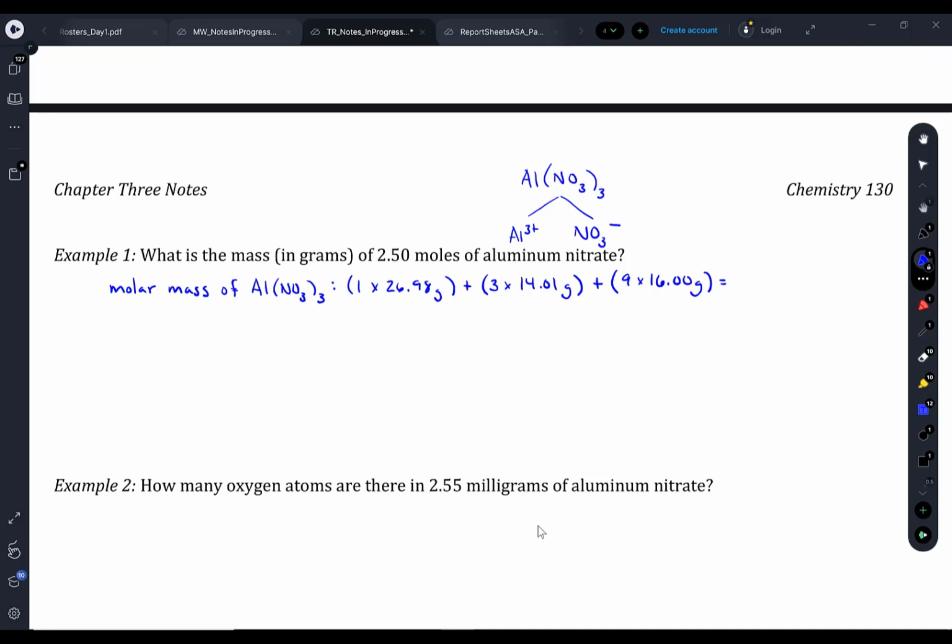You can just do this in the calculator, so long as you do it right. 26.98 plus 3 times 14.01 is what, 42.03? Plus 9 times 16. I'm getting 213.01. Is that what you're getting? Yeah, okay.